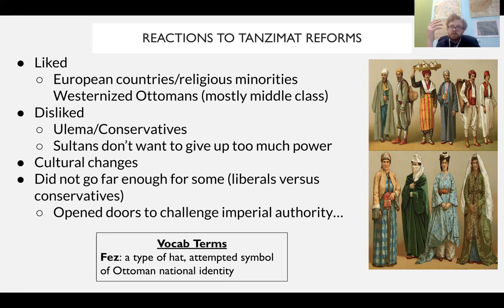They want a liberal Ottoman Empire. And obviously more conservative people hate reform and progress. So the ulama, the conservative Islamic intellectuals, they dislike secularization. Conservatives in general dislike a change from tradition.